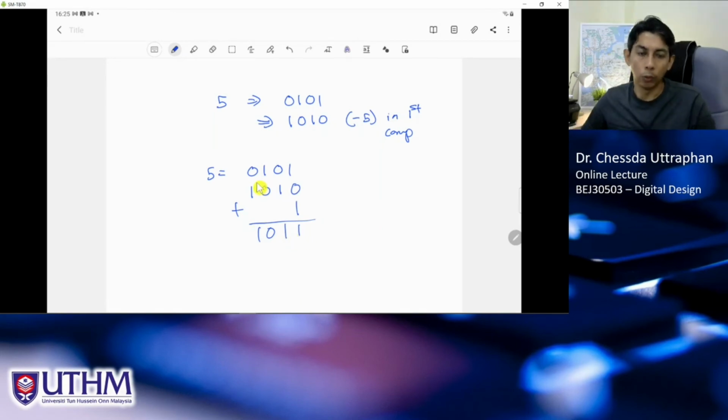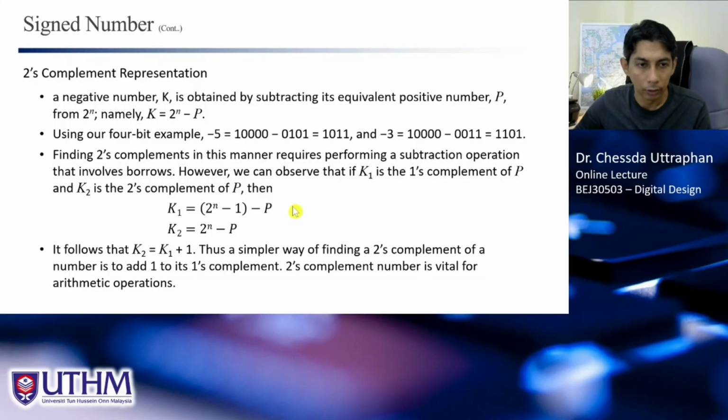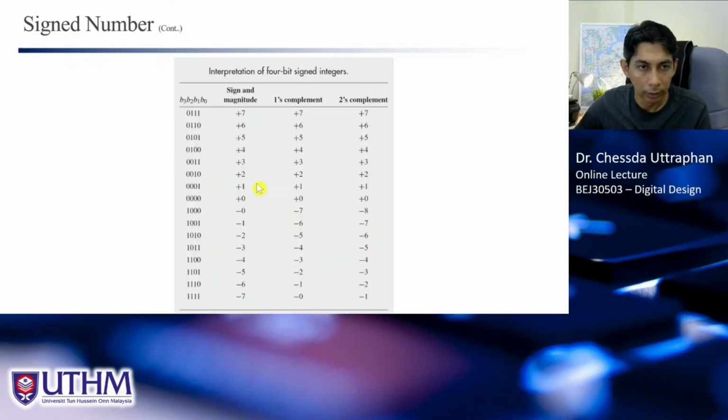But why is this important? The question is, why is this important? Before that, look at this. This is a 4-bit system, sign and magnitude. We can see that positive 7 is the same, positive 6 is the same, 0 is the same, but on the negative side, 1 0 0 0 in sign and magnitude represents minus 0, actually 0.